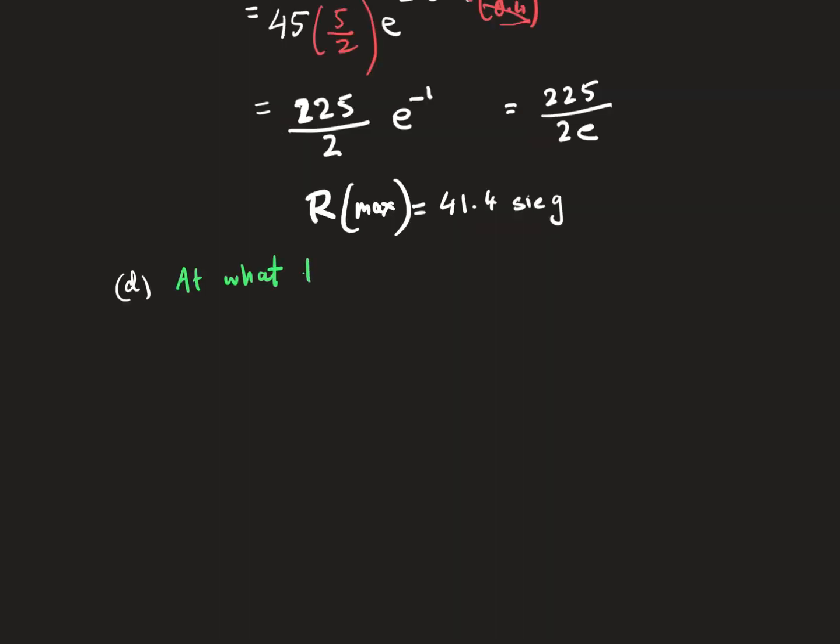At what time does the radiation decrease at the fastest rate?